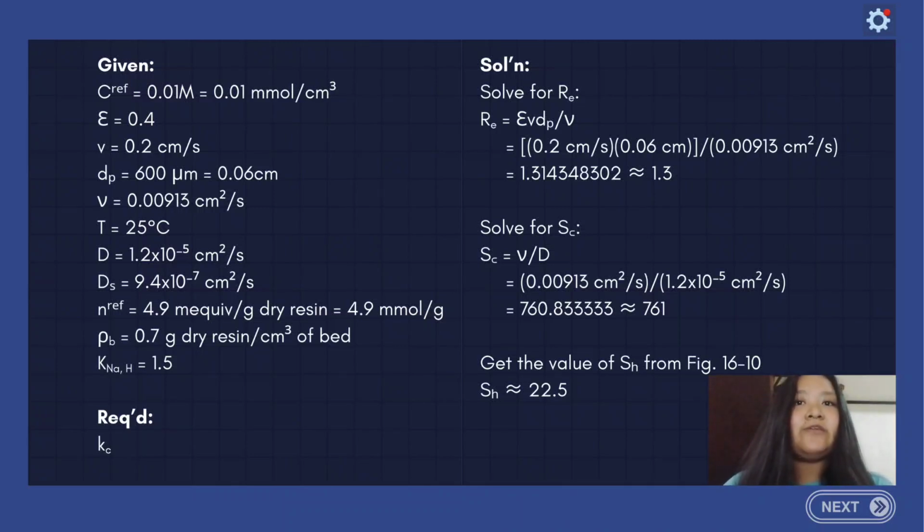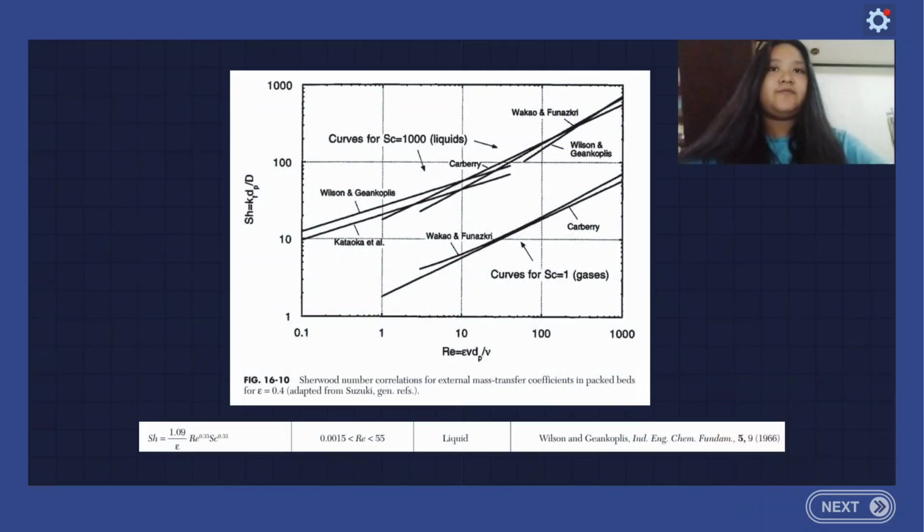To get the value of the Sherwood number, we have to refer to figure 16-10. In this figure, we have to use the Wilson and Geankoplis line since the Reynolds number we calculated earlier is around 1.3. Thus, the Sherwood number would be around 22.5.